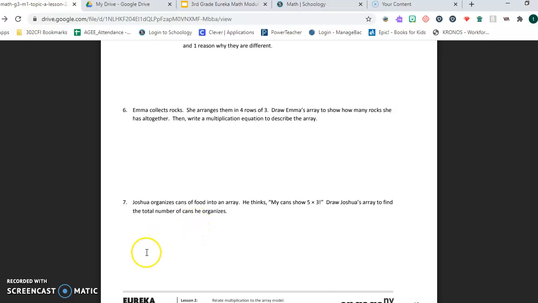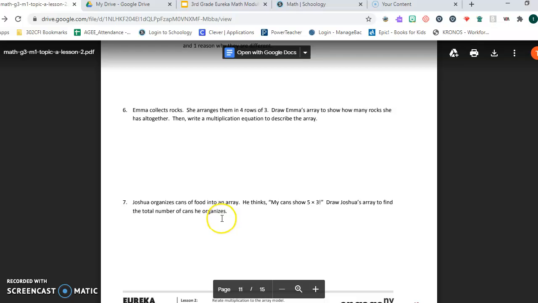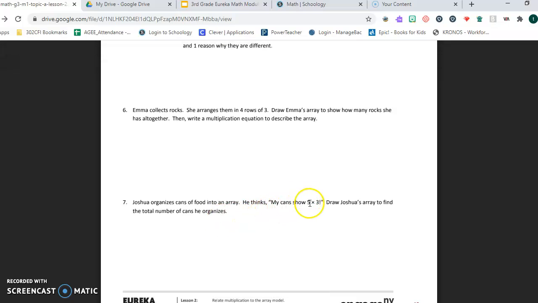And then next row, 1, 2, 3. So it tells you to draw the array and then find the total number of cans he organizes. I would go ahead and write this expression here as well, 5 times 3, and then put an equal sign to tell the total number, because we're practicing relating array models to multiplication.